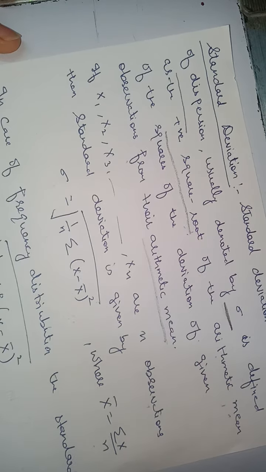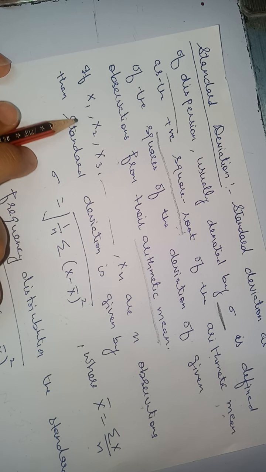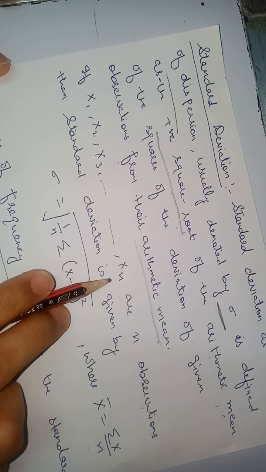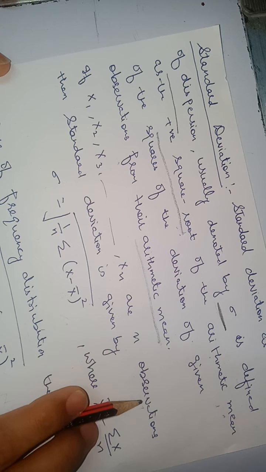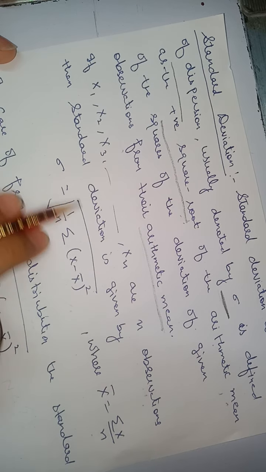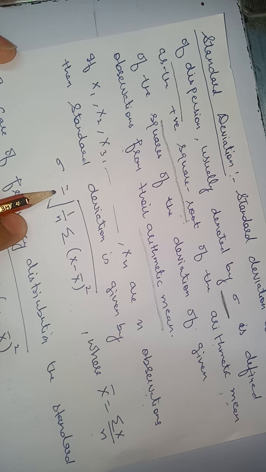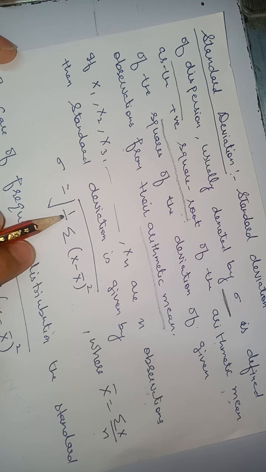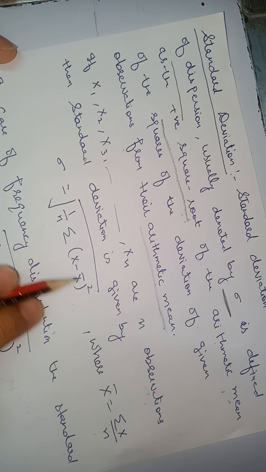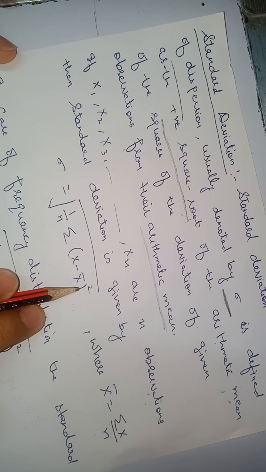So next, if x1, x2, x3 up to xn are n observations, then the standard deviation is given by sigma equals the square root of 1 by n summation (x minus x bar) square.